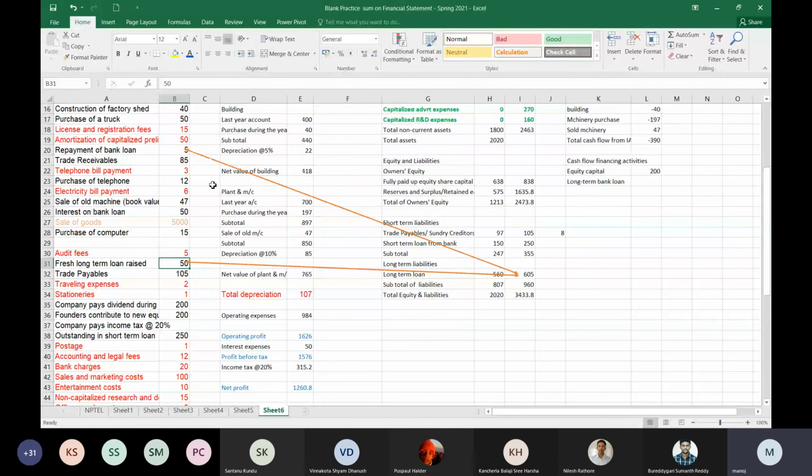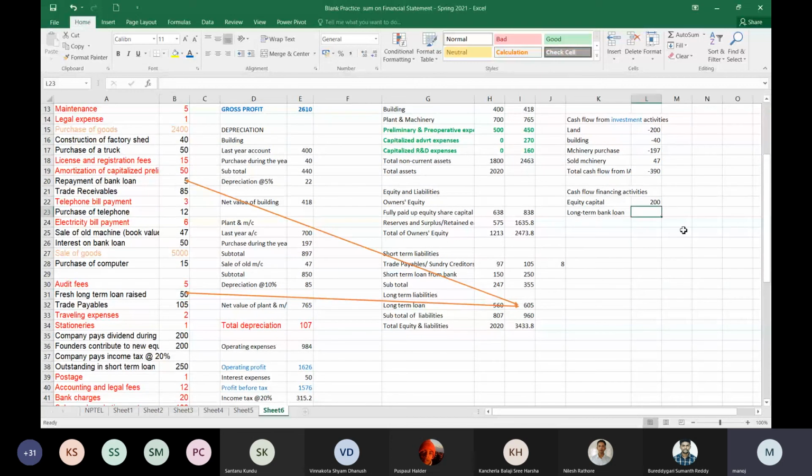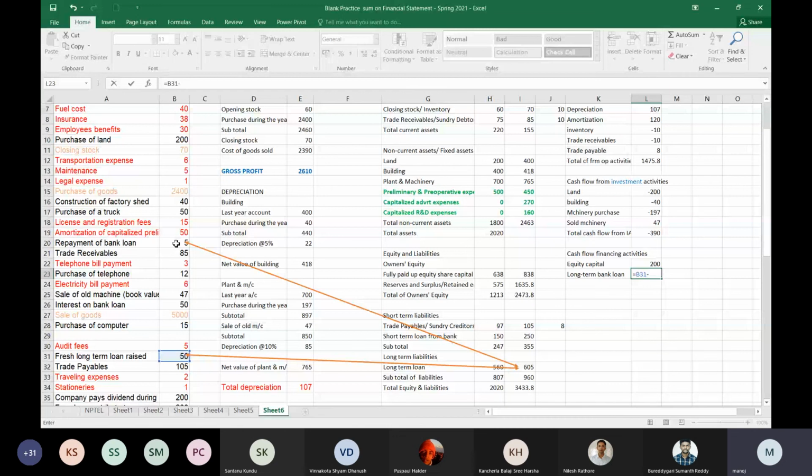So you understand that 5 should be minus and this should be plus because this money has come in. So long-term bank loan is equal to, first let us write this which has come in, fresh long-term. And then we subtract whatever we have paid, repayment of bank loan. That should be good enough. You can do it this way. This minus this plus this. That is also possible.